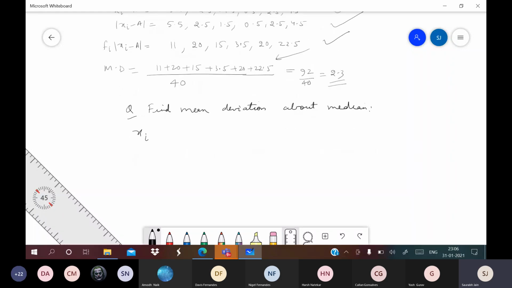And the data is 3, 6, 9, 12, 13, 15, 21, 22, and frequencies are 3, 4, 5, 2, 4, 5, 4, 3. Solve it.